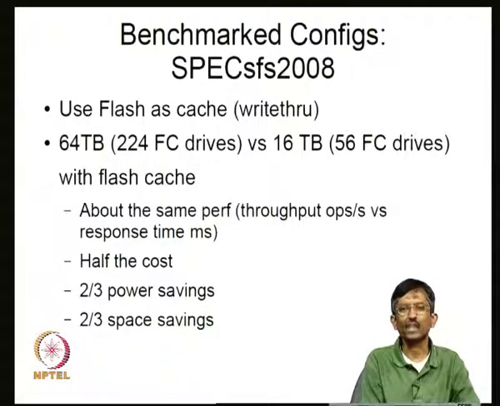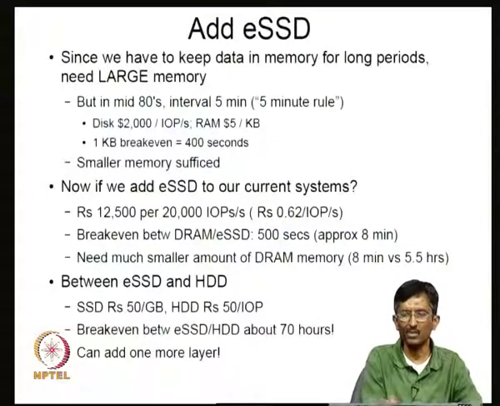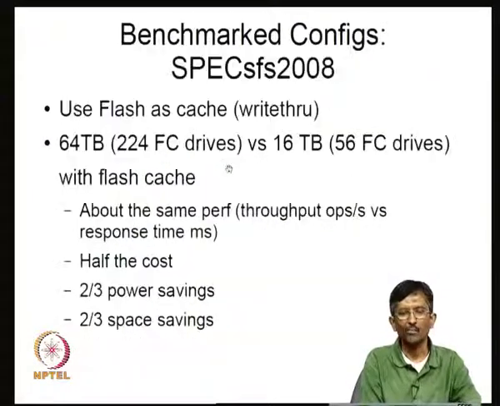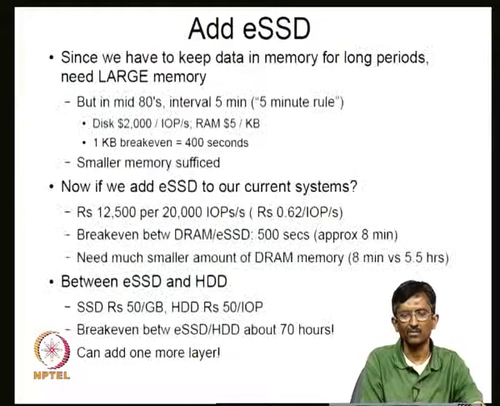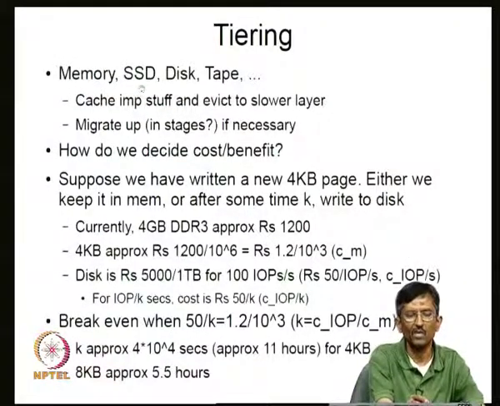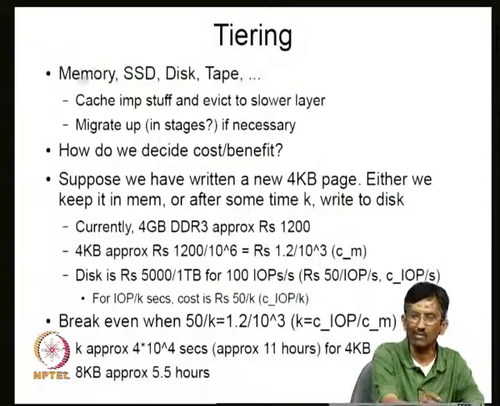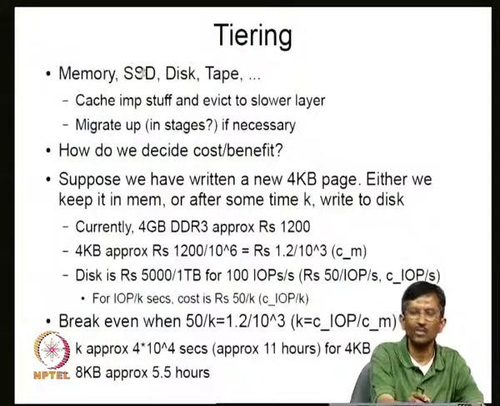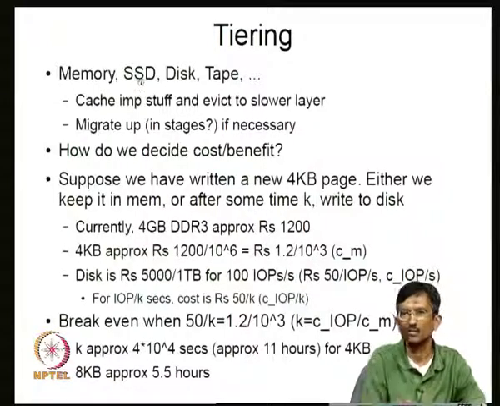Because of the obvious advantages of these kinds of systems, because you can see the tremendous difference, people have tried to see what they can do with them. What I mentioned earlier was that you can use the flash as a cache. Basically, what is the situation? Here you have memory DRAM, SSD, and you keep it as what is called a write through cache.